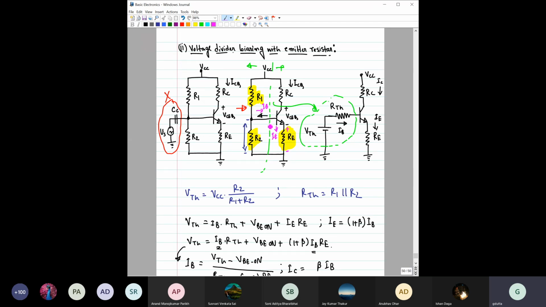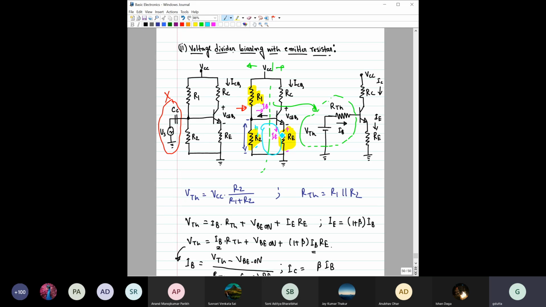Now consider a KVL along this loop. Here, this voltage would be equal to VBE plus the drop across RE. The VBE is expected to be around 0.7, but now you are increasing the drop across this RE. You cannot change the drop across R2 because that is fixed from VCC.